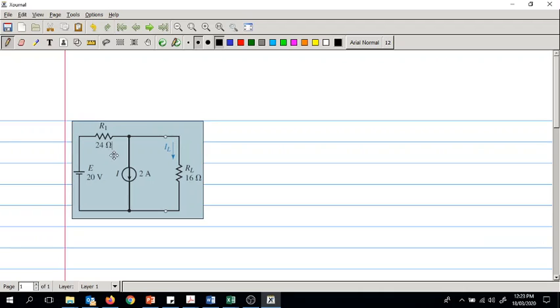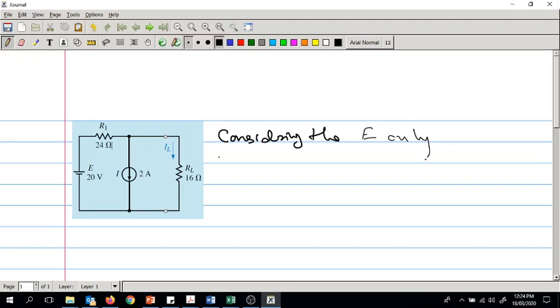So this is our circuit. We'll take one source at a time. So first case, taking the voltage source only. If you take out the current source, so considering E only, we'll have to replace the current source by its equivalent, so it's an open circuit.